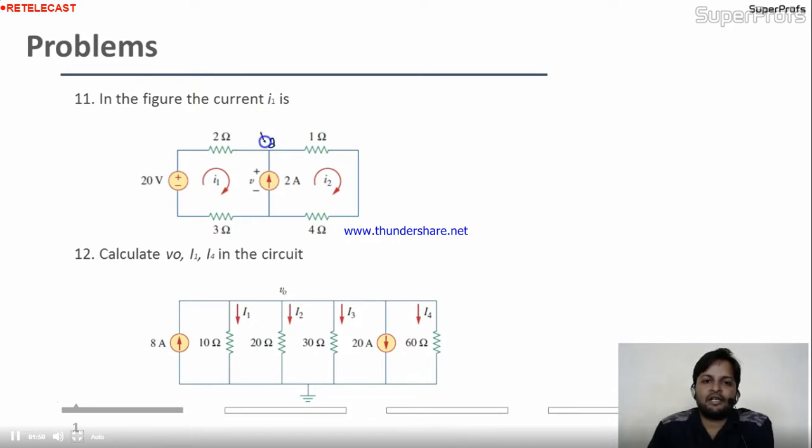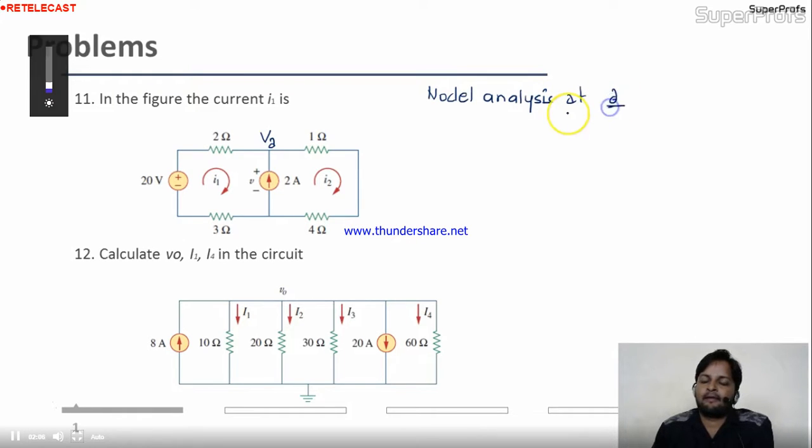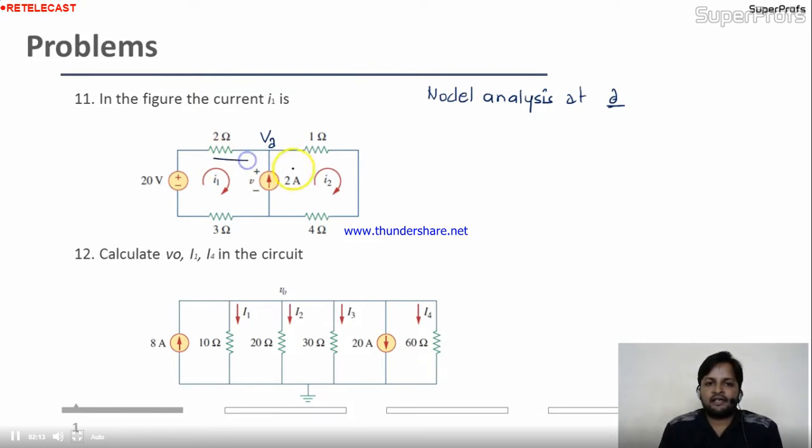I'm assigning the voltage VA to this node. Now I'll write the nodal analysis at point A. Is it okay to you? Now, three branches are connected, meaning you have three currents.